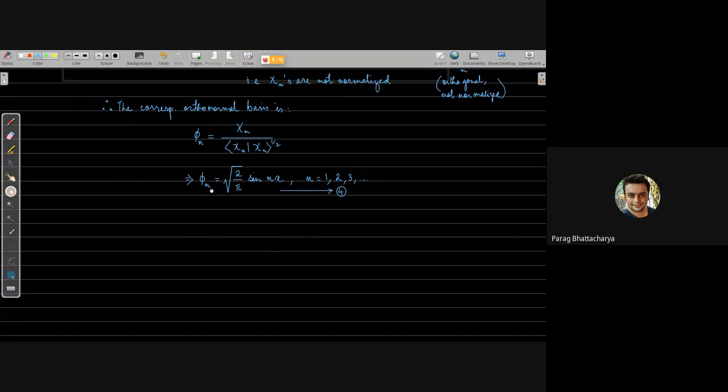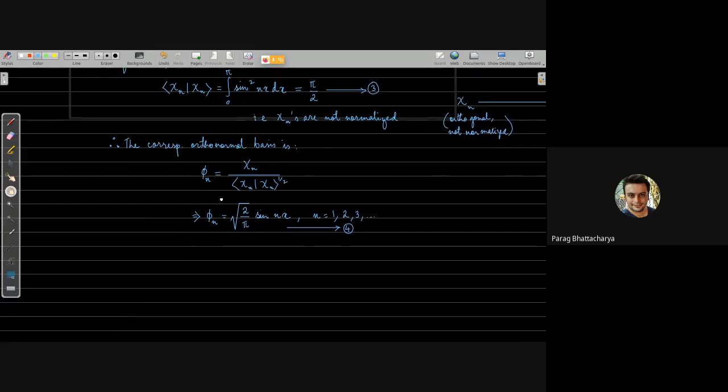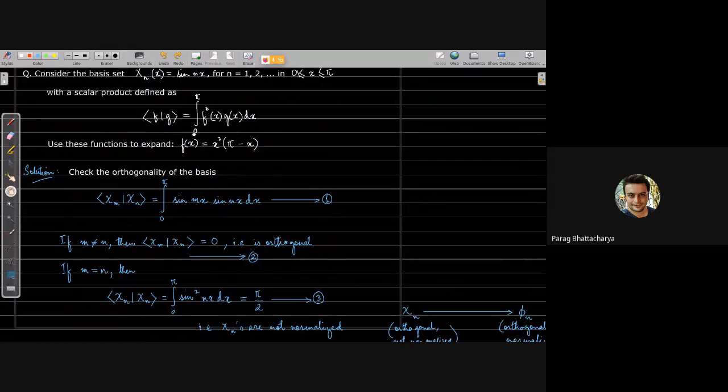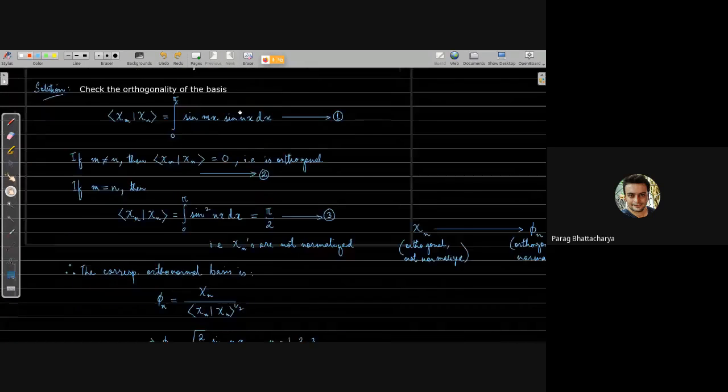Okay, is that clear? So now we want to expand this. What's the question actually? The question is we have to expand this function f of x equal to x square into pi minus x. So we have to expand that function.